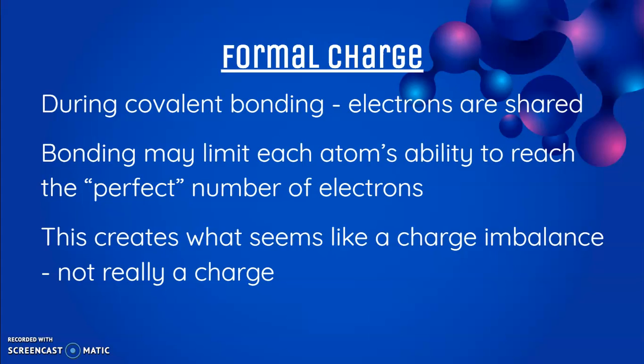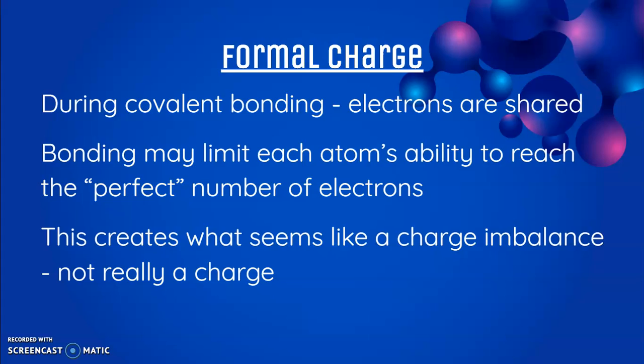And that bonding may actually limit an atom's individual ability to have contact with that 100% perfect number of electrons. Now, although this does not necessarily create an official charge like we see in ionic bonding, because the electron is officially either ripped away or donated to each atom, it does create some sort of weird imbalance on the inside of the structure.